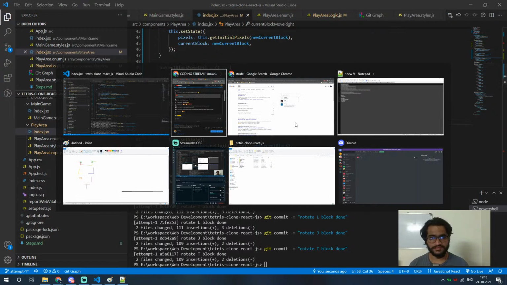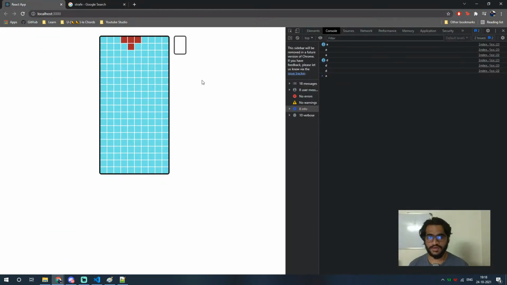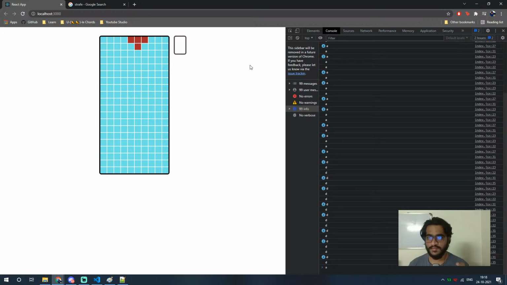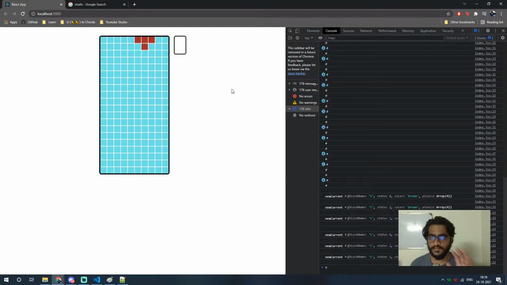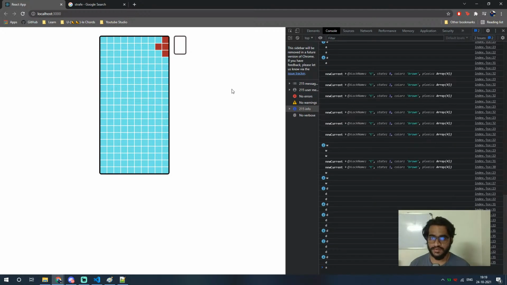Okay, so if we come back to this, and now if I press A, it should go one left, and when it comes to the boundary it doesn't go further, and if I press D it goes here. Now if I press W, it would rotate and go to the boundary.